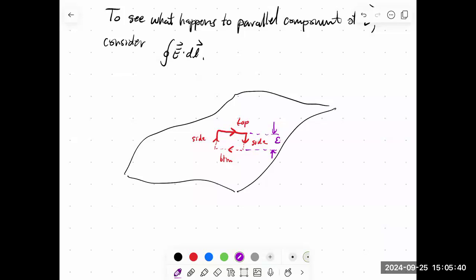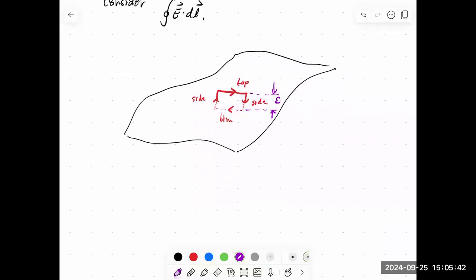Okay, so well, let's see. This time I'll draw my electric field something like this. I'll have an E parallel component, and I'll have an E perpendicular component.